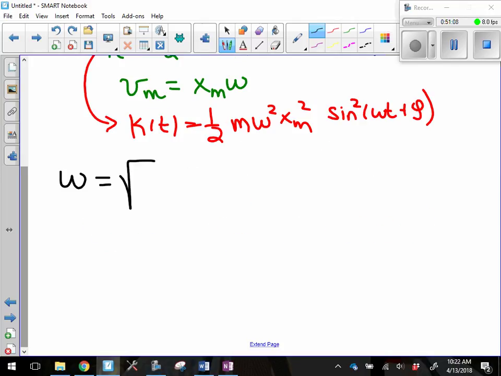So this is going to be k over m. And what's going to happen if I square both sides? Omega squared is equal to what? So what's k equal to?